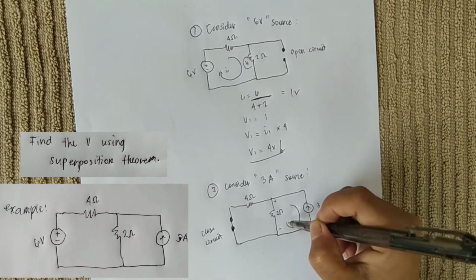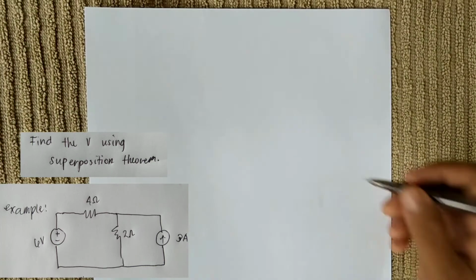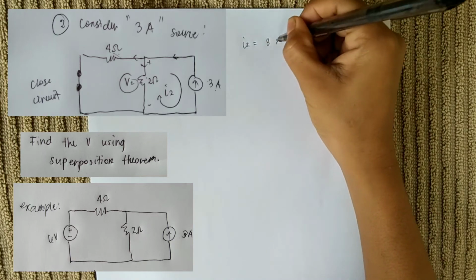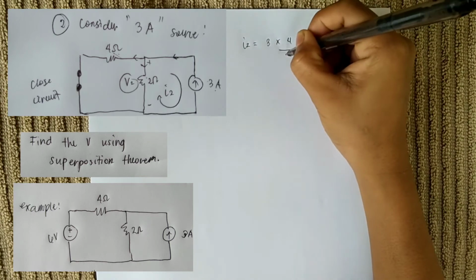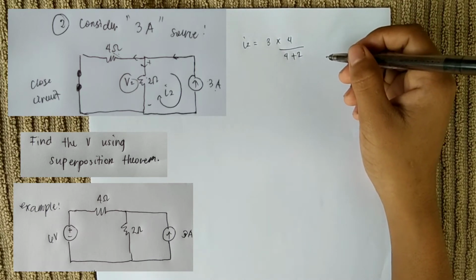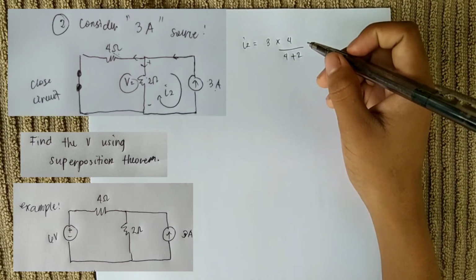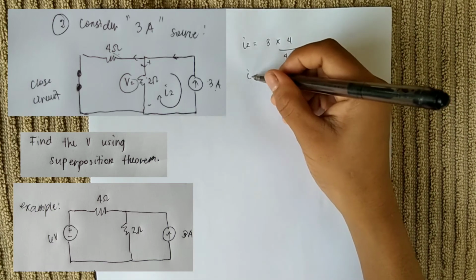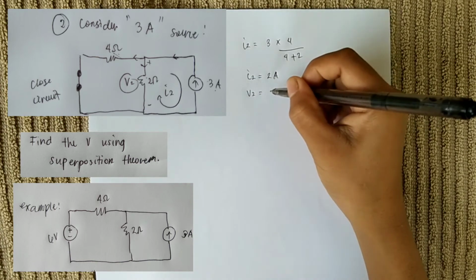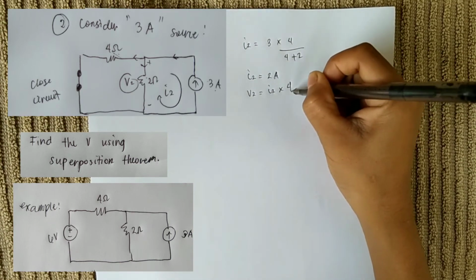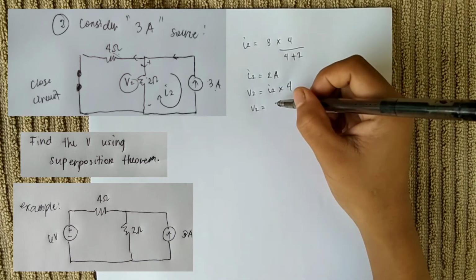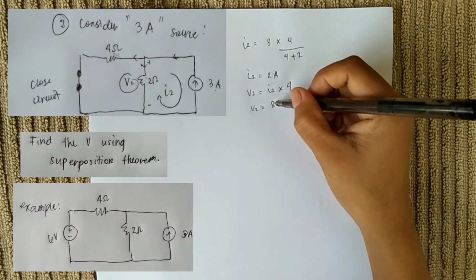We have loop 2 and V1, and it's a closed current. So I2 is equal to 3 times 4 ohms divided by 4 ohms plus 2 ohms, which is equal to 2 amps. Then V2 is equal to I2 times 4, so V2 is equal to 2 times 4, which is 8 volts.